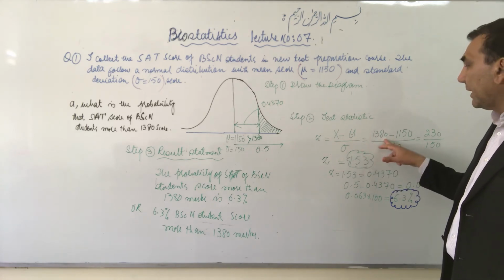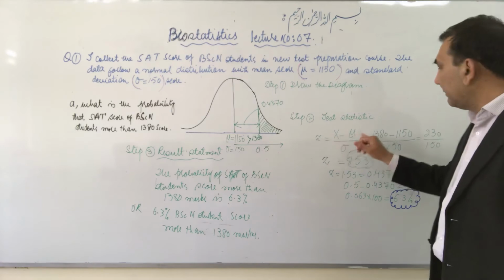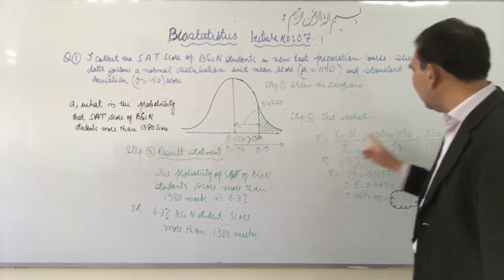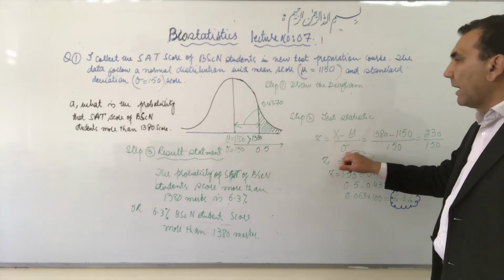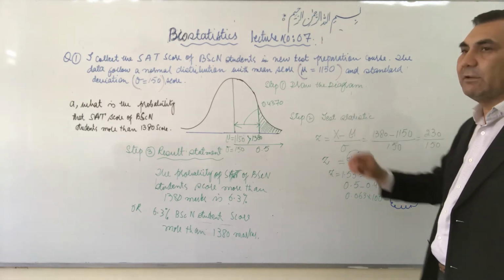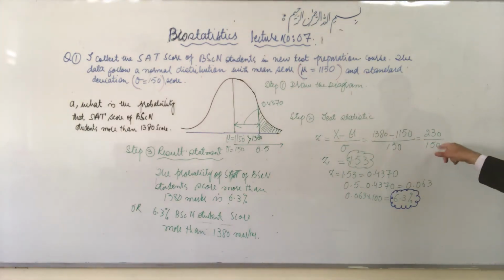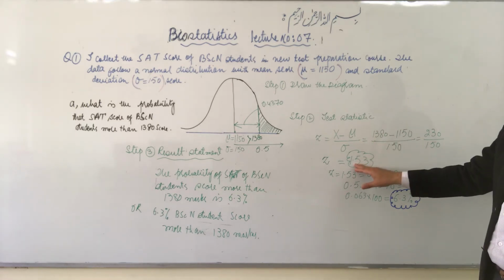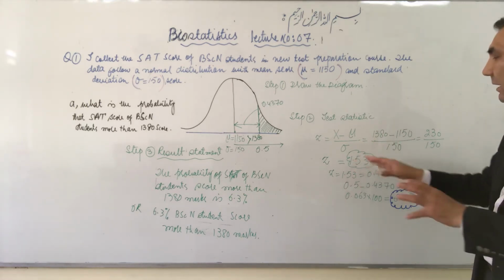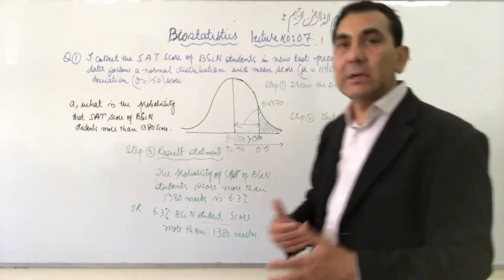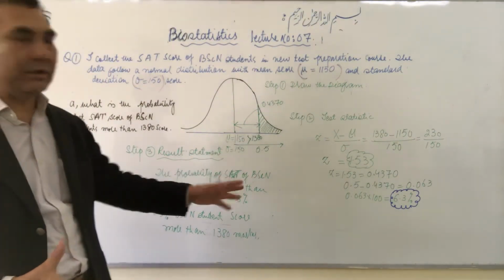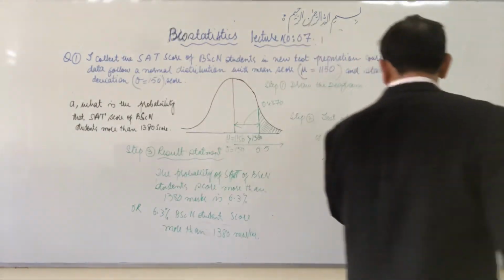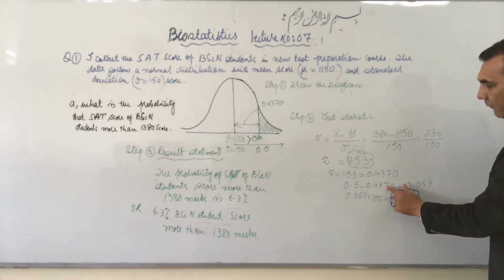So 1380 is our x and mu is 1150, which were given in the numerical, and we divide by sigma, which is 150. It comes to 1.53, the Z score. Then we find the probability area of the Z score 1.53 through the Z table, which is 0.4370.